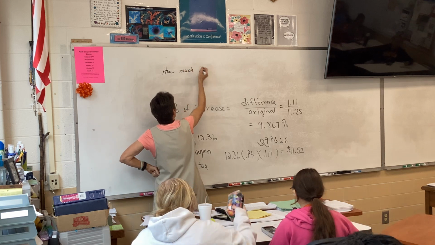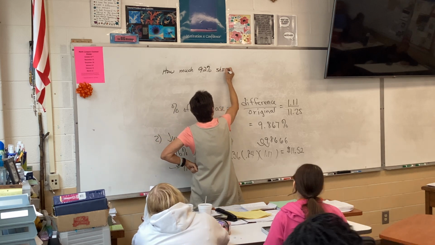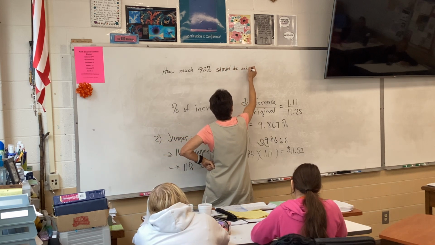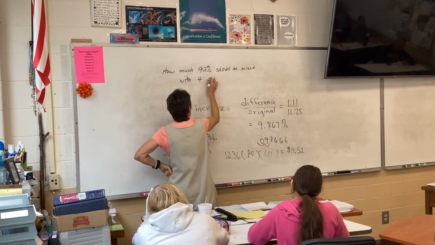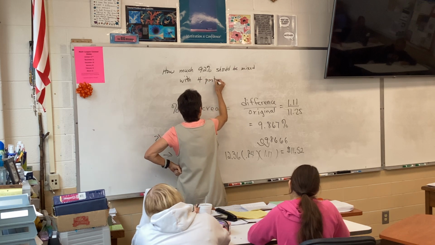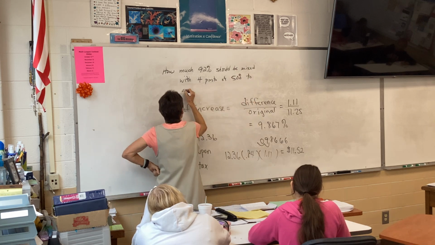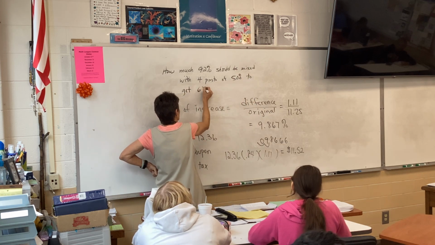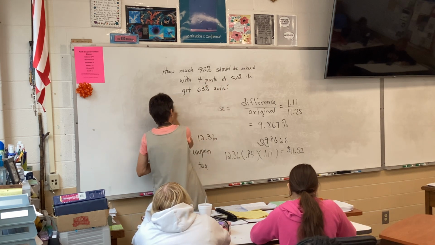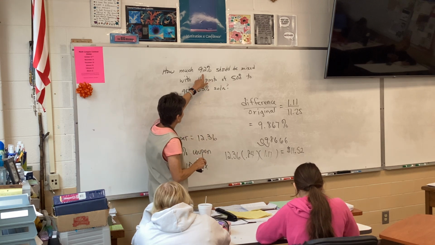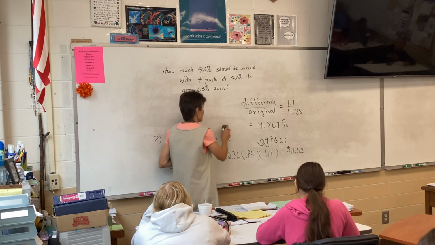How much 92% solution should be mixed with 4 pints of 50% solution to get a 63% solution? So I got a strong solution, I got a weak solution, I'm mixing them together to get a medium solution.